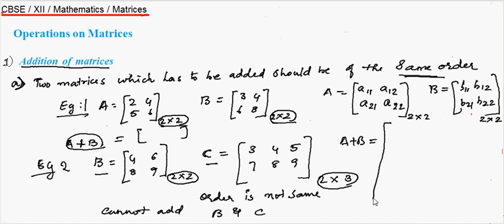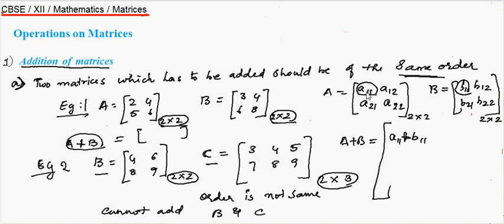When I have to add these, you just add the corresponding element of matrix A with the corresponding element of matrix B. That means first row, first column, that is A11, should be added with first row, first column of matrix B. So A11 is first row, first column, and B11 is the first row, first column element of the second matrix B. So these two can be added.